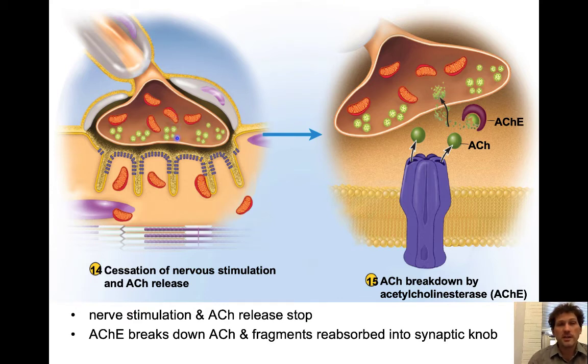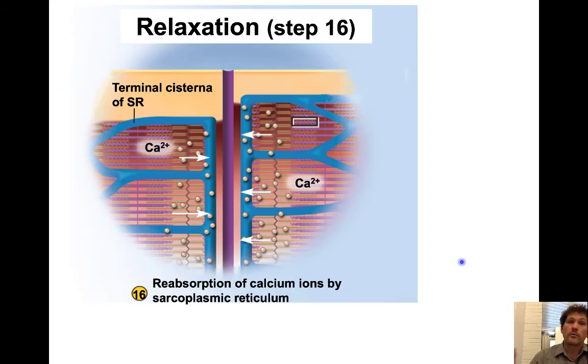If no calcium is coming in, no acetylcholine is being released, and any acetylcholine that is in that synaptic cleft is being broken down by acetylcholinesterase, and so we lose the binding sites to those receptors, and therefore those receptors close, and now we don't have sodium coming into that nerve muscle cell. Okay, so we stop that stimulation, and that muscle can then return.